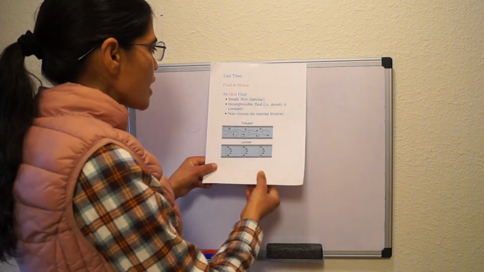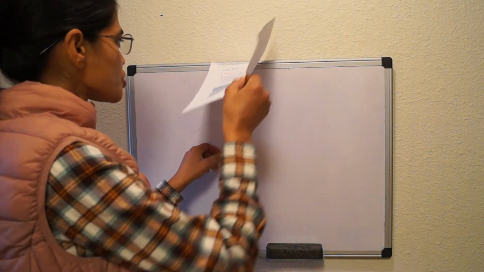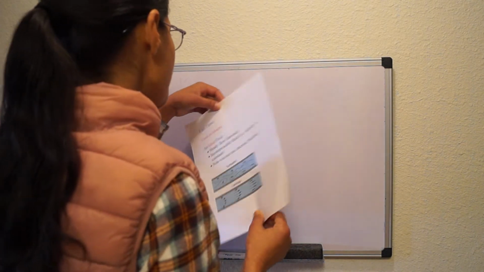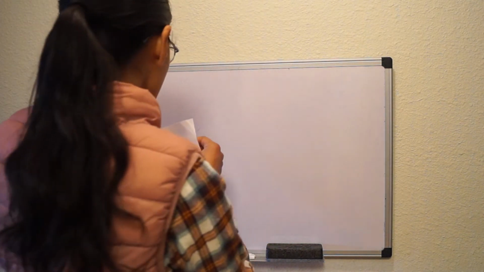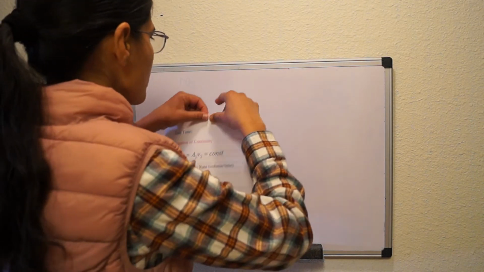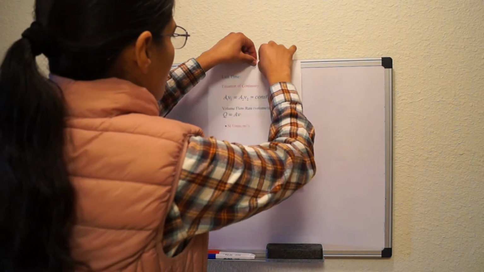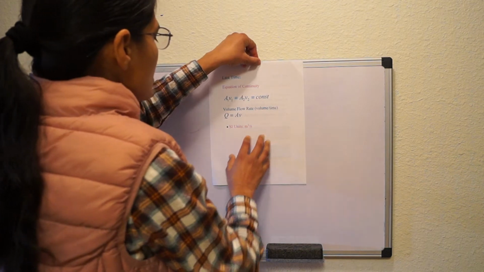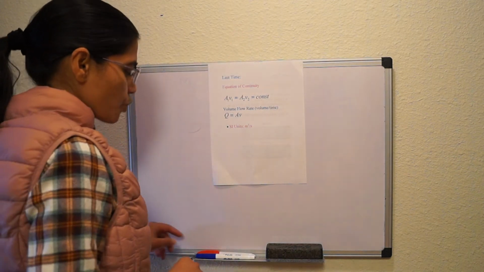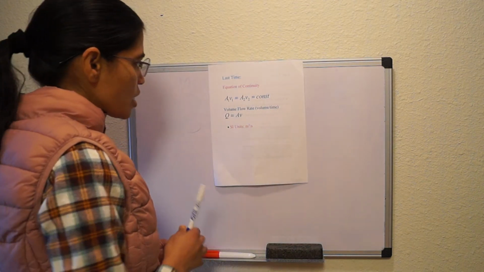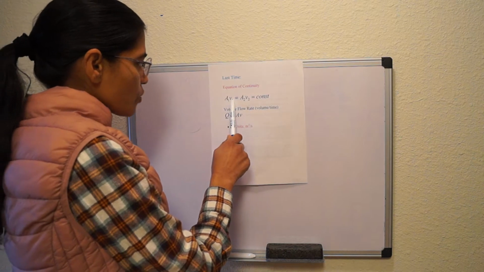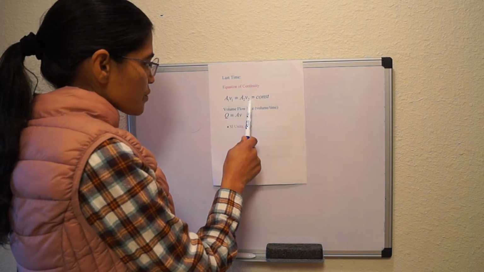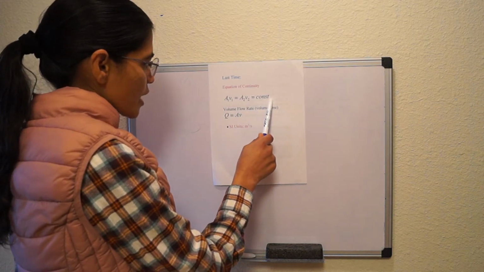All right, so that was about fluid in motion, or ideal fluid, and then we used that assumption to come up with the equation of continuity. So we found A1 times V1 equals A2 times V2, which is equal to a constant.